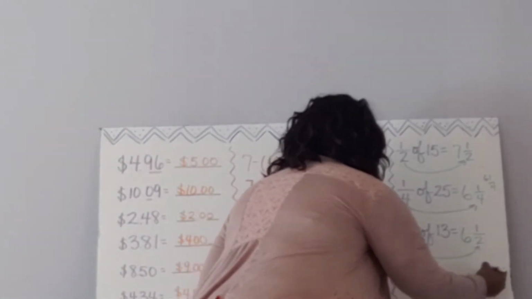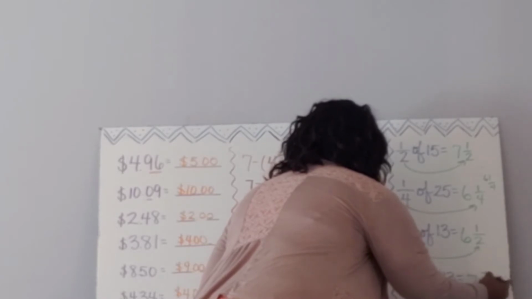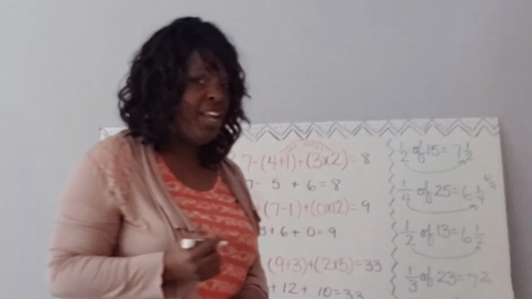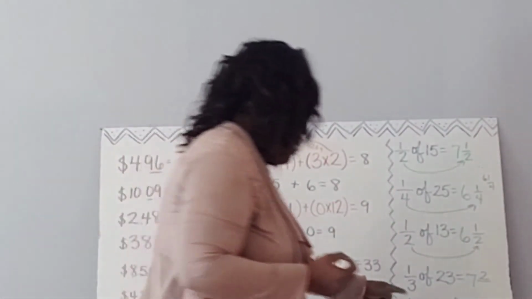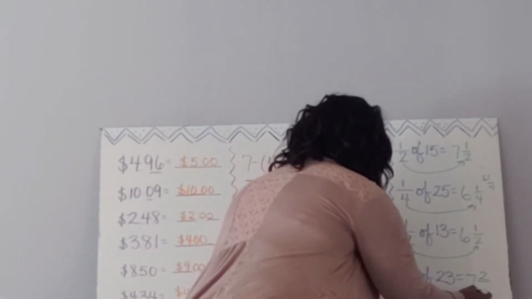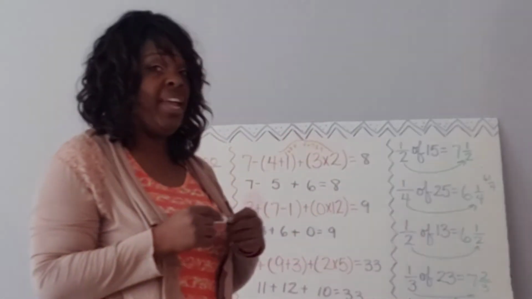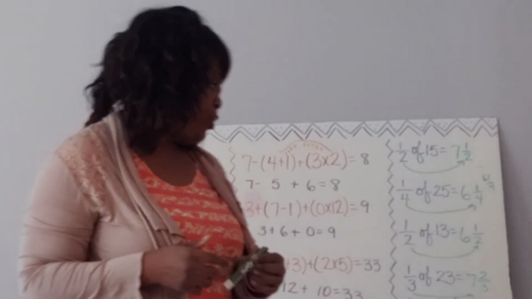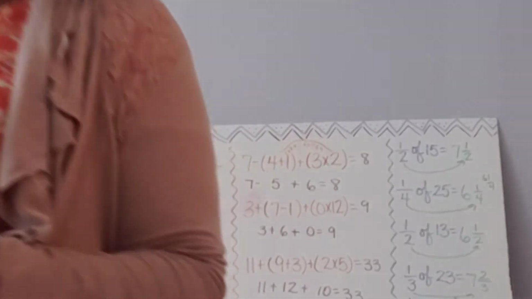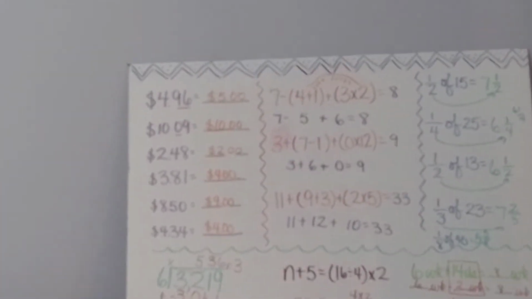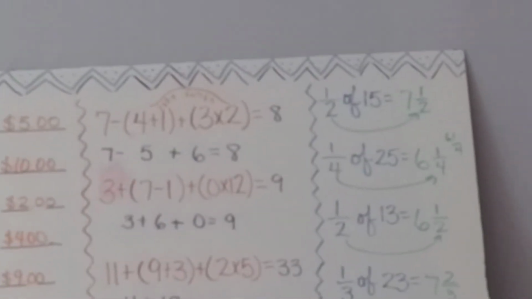And that 2 becomes my numerator. What is my denominator going to be? Yes, it stays the same. It doesn't change. The 3 comes underneath. So my answer would be 7 and 2/3. Okay, so I hope that you see that and that makes sense as you are looking at those.